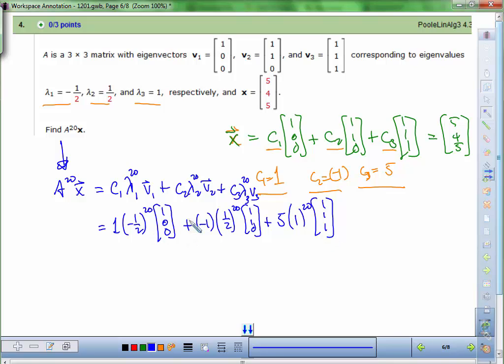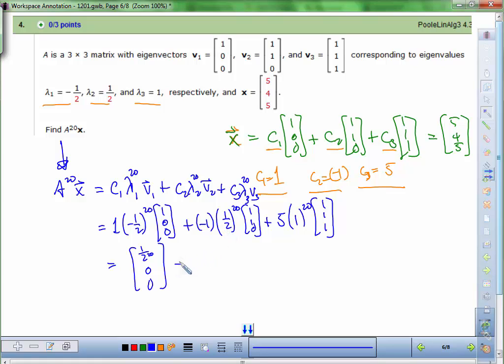So I suppose we just need 2 to the 20th power. Should I know that? No. That's a big number. So it looks like this is going to be, let's see, I'll just call it positive 1 over 2 to the 20th power.